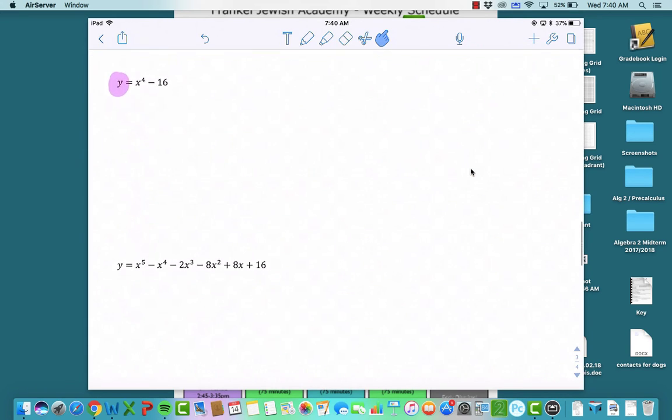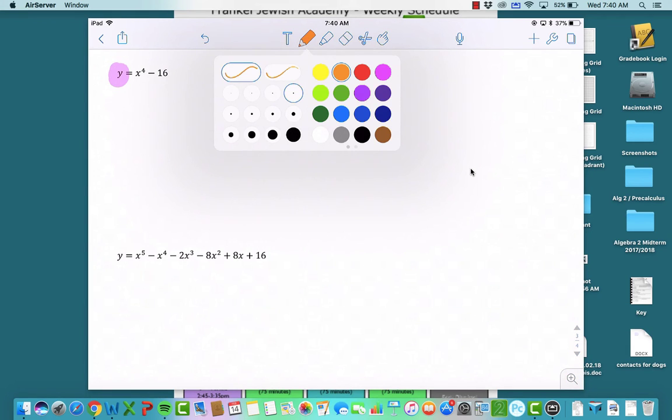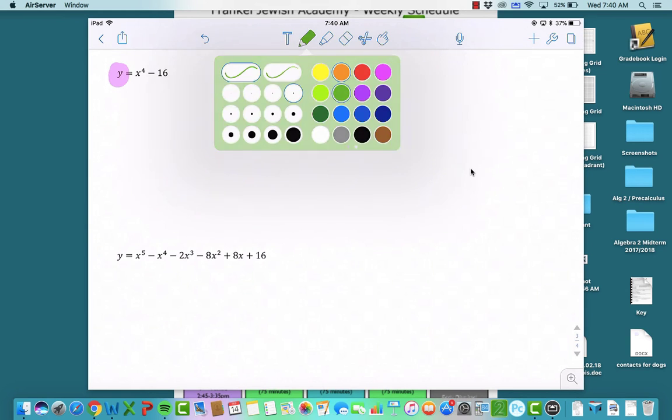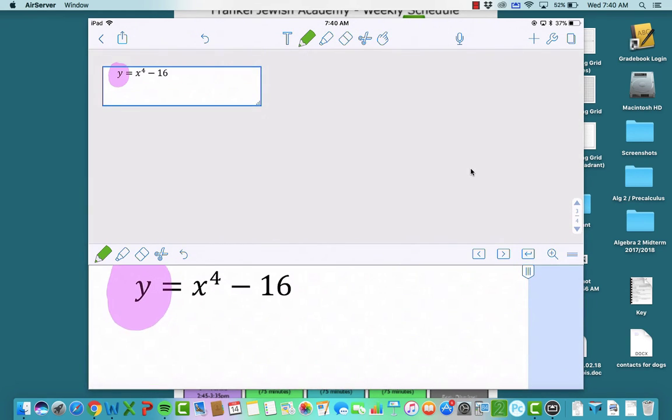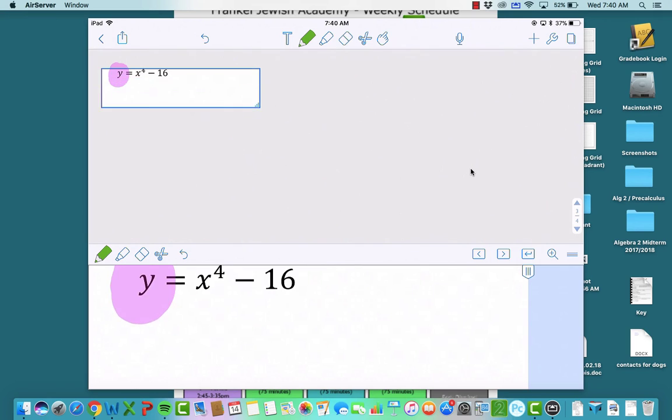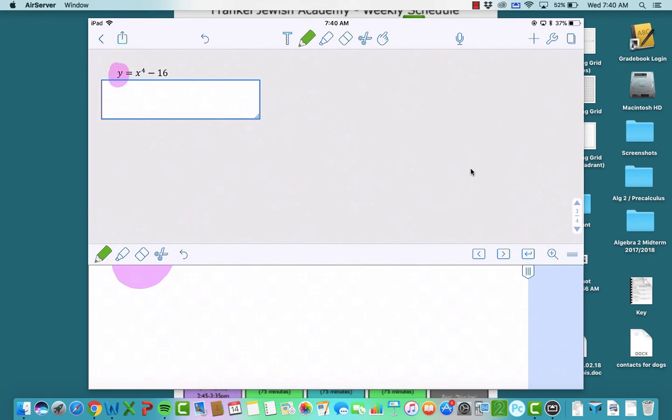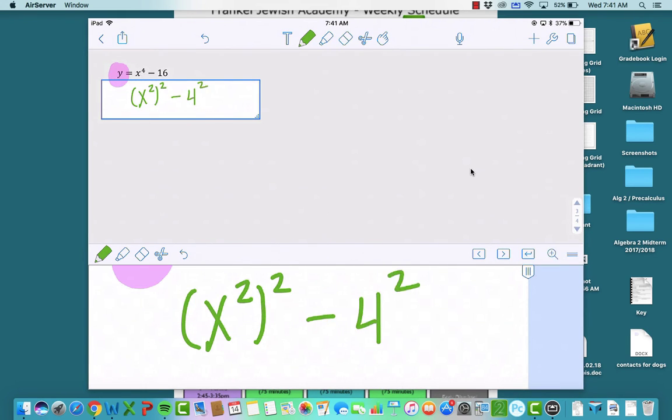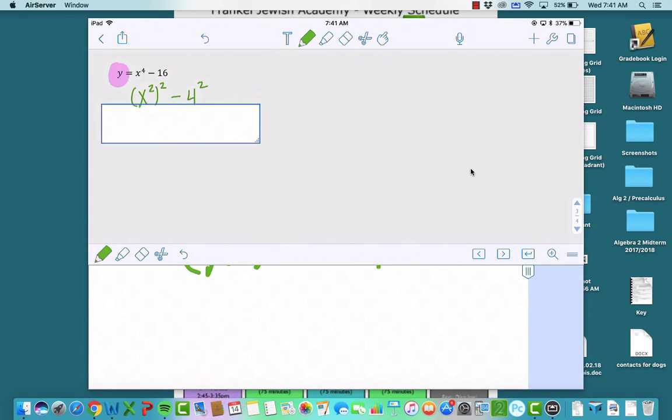Next, we're kind of going to move on from the P over Q and try some difference of squares. So here I have a binomial that's in the form, I know that x squared is x to the 4th, and 4 squared is 16.